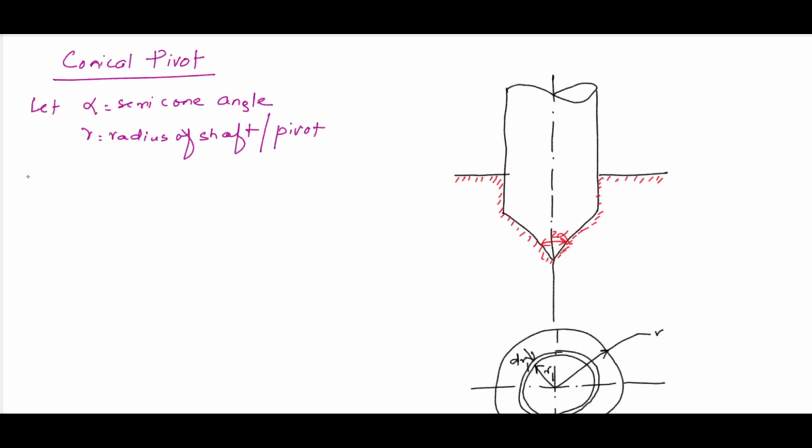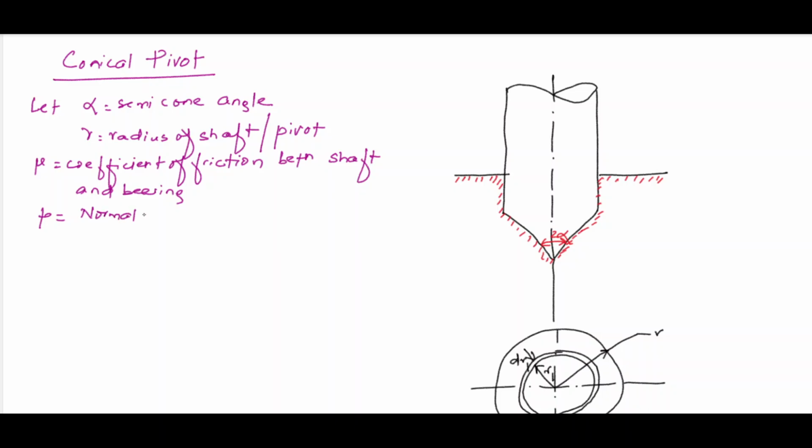Then mu is the coefficient of friction between shaft and bearing. And P is the normal pressure intensity.